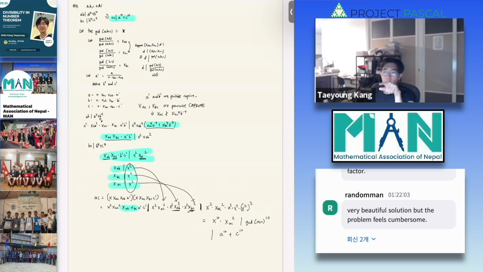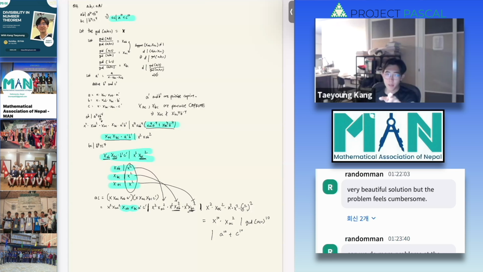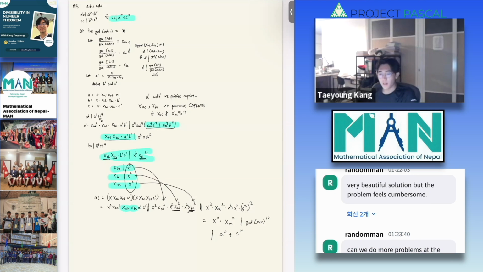Actually, I feel like this problem is not a very hard problem. What this problem requires you to do is identify that it's a greatest common divisor type problem, and you constantly exploit the divisibility conditions given. You should suspect it when you see the power of 10 conditions, right?